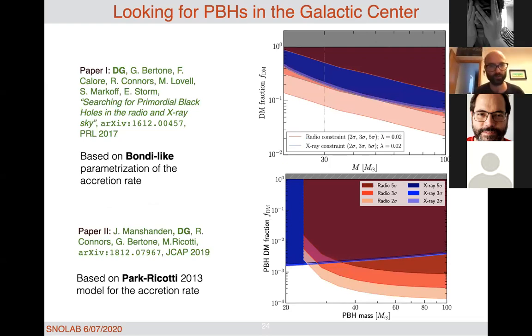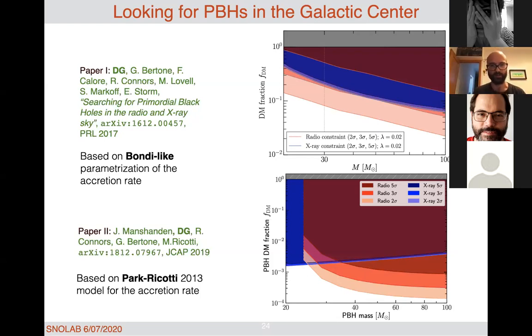So we actually wrote 2 papers on this. The first is based on the Bondi formalism, the simple textbook approach that I discussed before. And the second one is based instead on this more up-to-date and more sophisticated formalism for the accretion of baryonic matter onto the black holes.